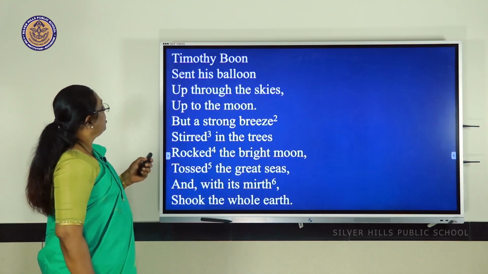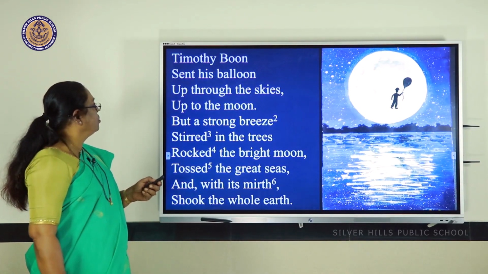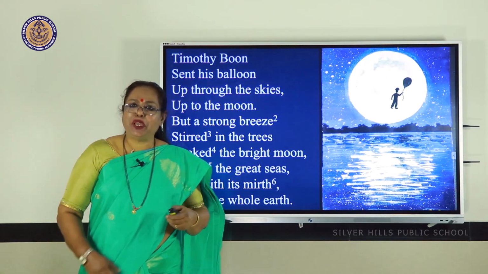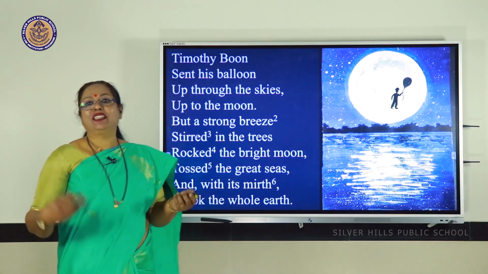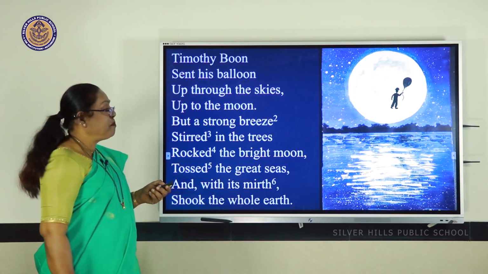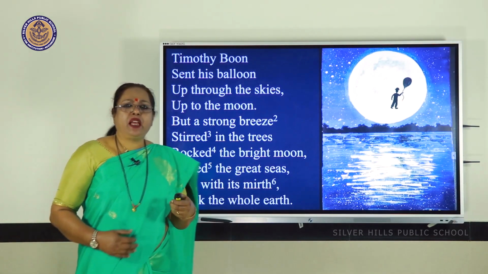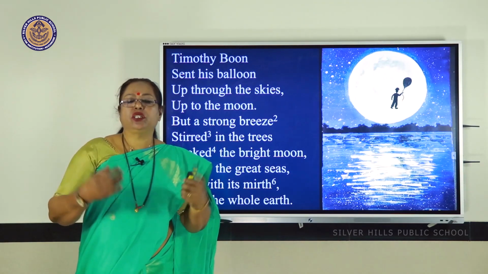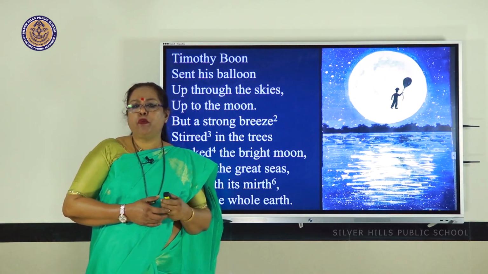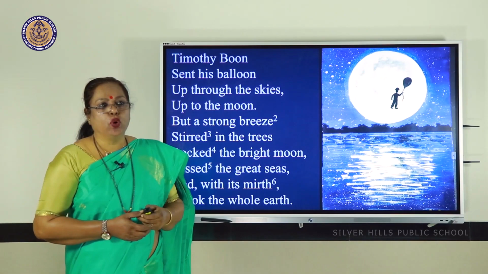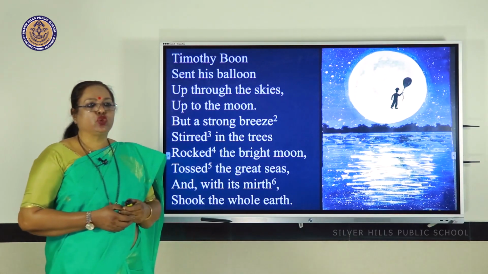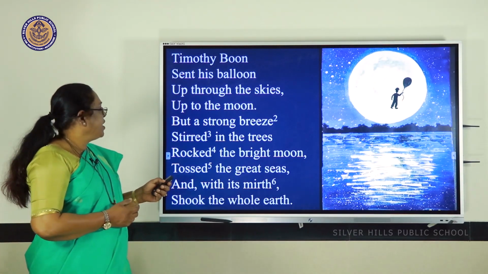Now Timothy Boon sent his balloon up through the skies. Now he's begun his journey to the sky, up to the moon. But what happened? As he was going to the sky, a strong breeze started to blow, and the breeze started swaying the trees. It rocked the moon.